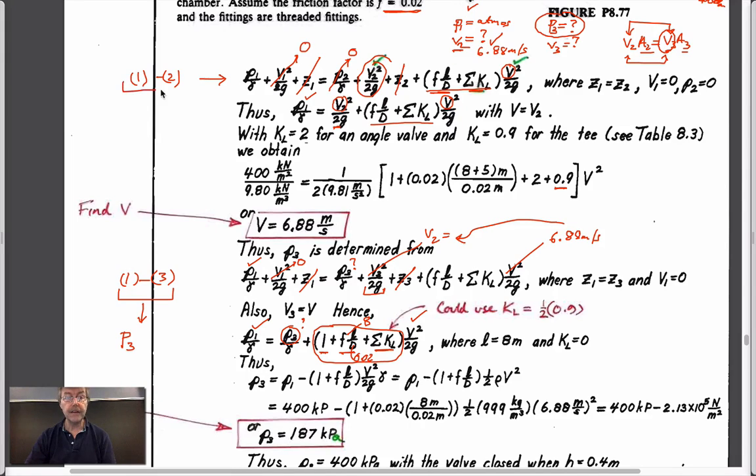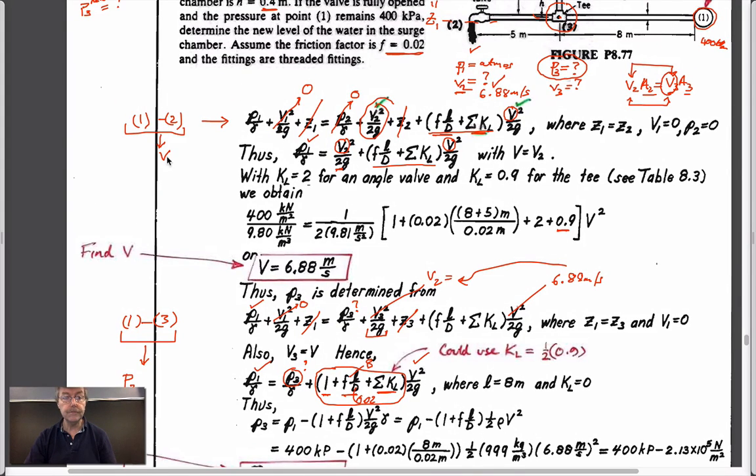This before had allowed us to solve for V2, and then as a function of V2, it allows us to solve for V3. So that was the calculation. We solve for the output velocity, the velocity in the pipe, these two are the same. If we know what V3 is, then we could solve for this one.